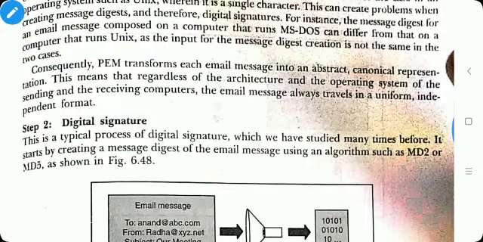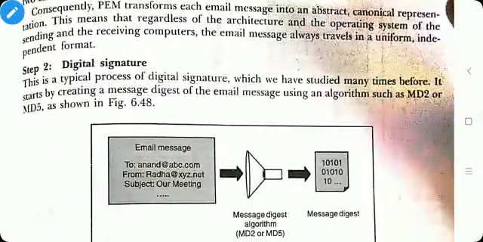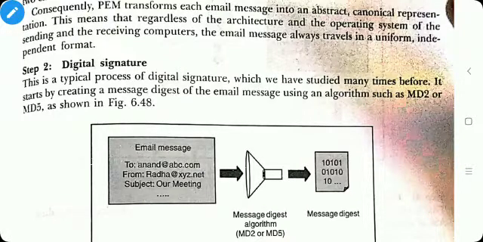Then the second step is digital signature. The digital signature is the signature that we have studied many times before in the third unit also. So here the email message is converted into a message digest by using an algorithm, that is MD2 or MD5.